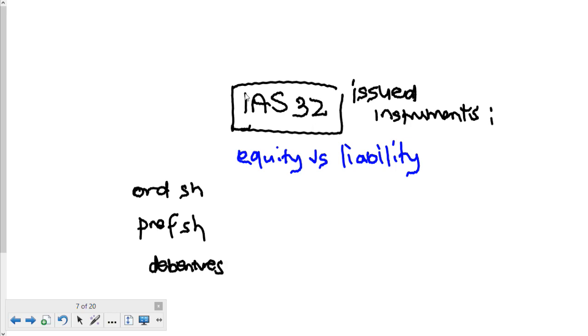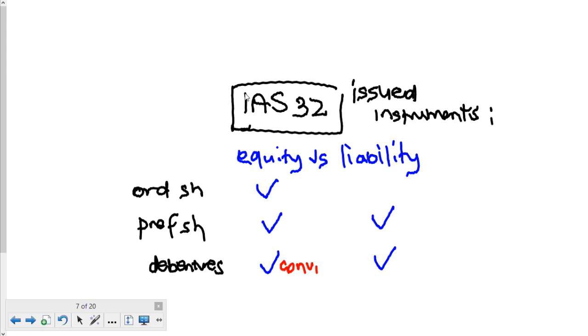If we look just at those, at a very basic level, usually your ordinary shares are equity, and your debentures are liability, and your preference shares could be one or the other, isn't it? But today we're going to look at the instance that debentures could also be one or the other, especially convertible debentures.